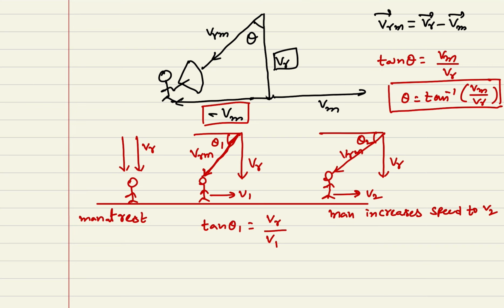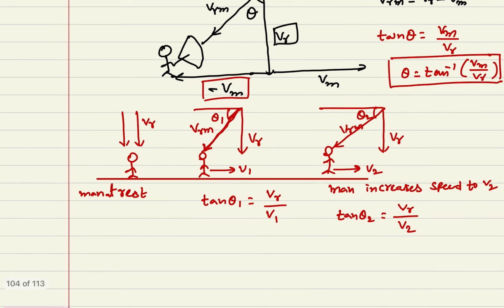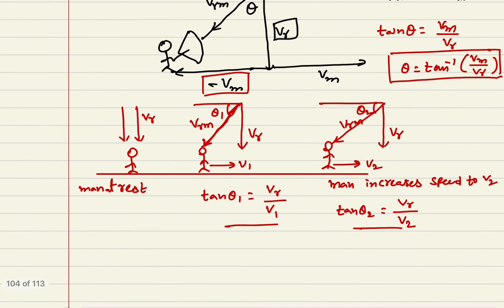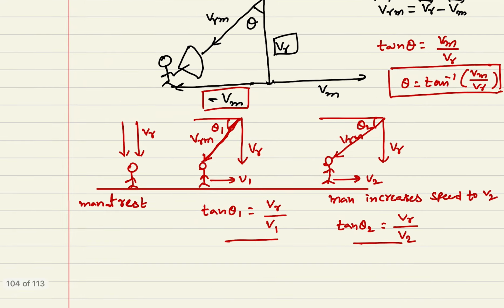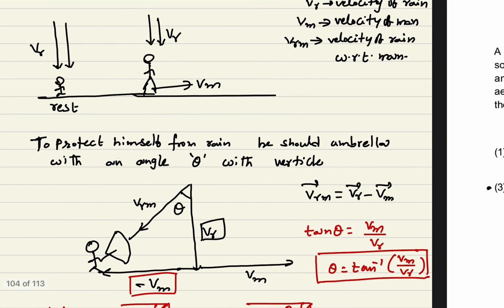Because whenever the man is at rest, rain is coming from the sky, it will fall downward only. So tan theta 2 is equal to Vr divided by V2. By using this, we can calculate whichever unknown terms are there, using these relations. Observe this carefully. Velocity of rain or any other angles if they ask, we can calculate.